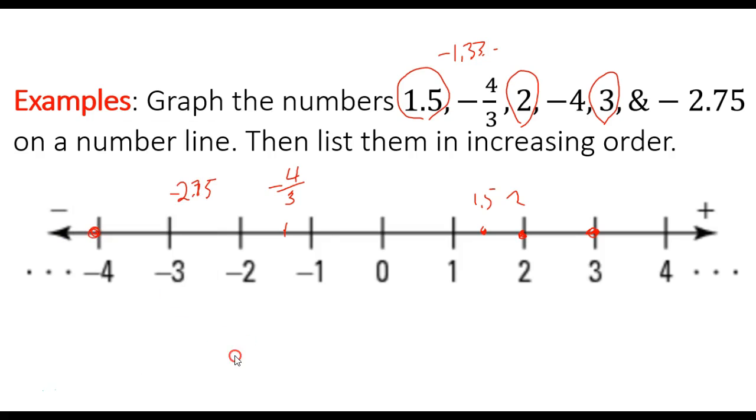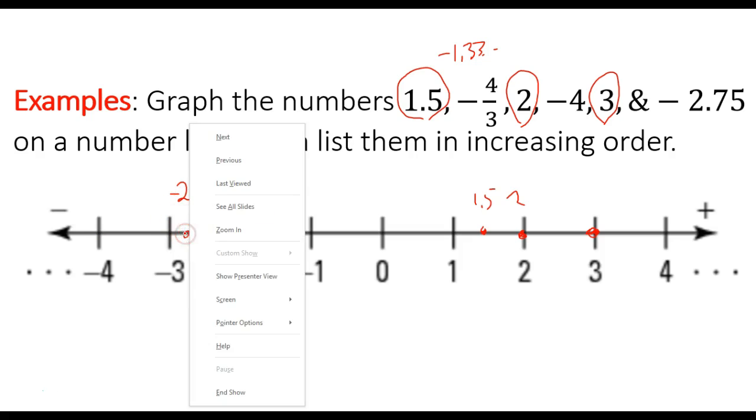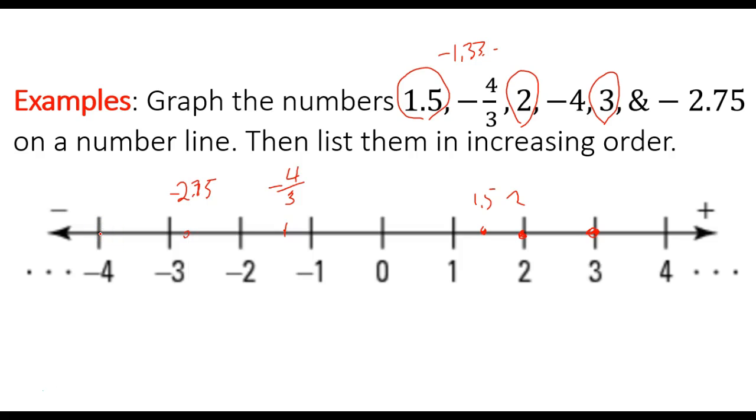Okay, and now we can arrange them in order. Make sure we have all our numbers. 1, 2, 3, 4, 5, and 6. We have 1, 2, 3, 4, 5, 6. Okay, it's always good to cross-check, count to make sure you have everything.